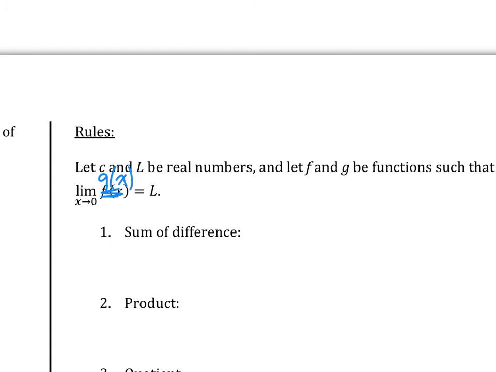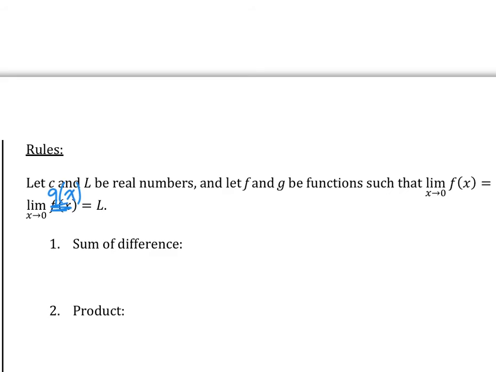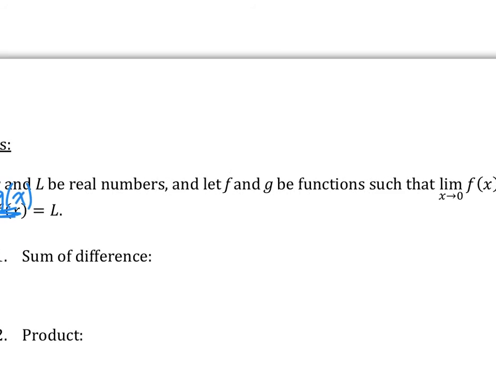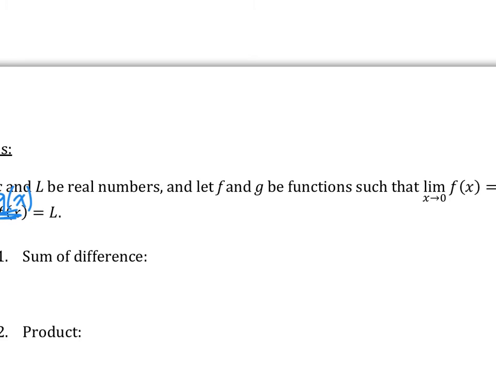What rules are these for? These are for the infinite limits, so when one of the limits is infinity. So what do you do? Or what's a fast way to think about it? You have two functions. One of the functions goes to infinity. The other function goes to an actual number L. Does that make sense?